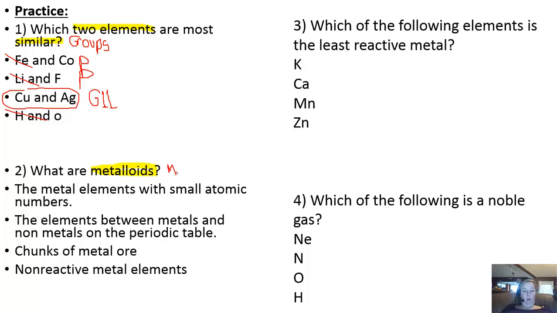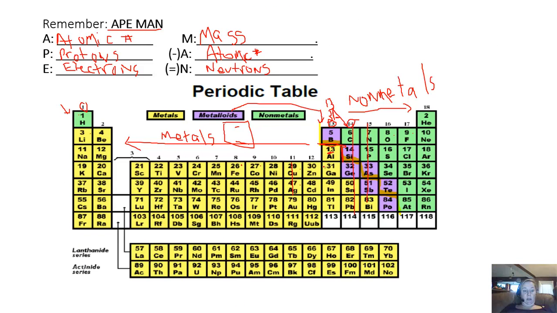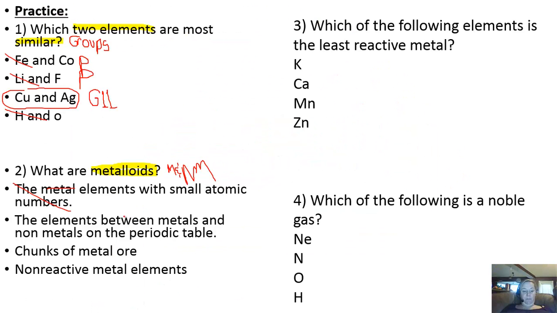The elements between the metals and nonmetals on the periodic table, well, let's look at that. Are they in between the metals and the nonmetals? Yes, they are. So that could be an answer. Chunks of metal ore, well, they're not metal. Non-reactive metal elements, they're not metals. They are in between. So your best answer choice was right here. It was B.